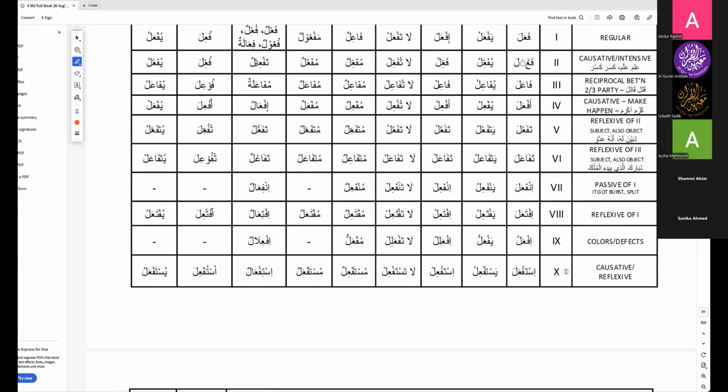And finally, form number 10, istaf'ala, is causative and reflexive. It will be explained in a minute. Istaf'ala, yastaf'ilu, istaf'il, la tastaf'il, mustaf'ilun, mustaf'alun, istif'alun, ustif'ila, ustuf'ila, yustaf'alu.